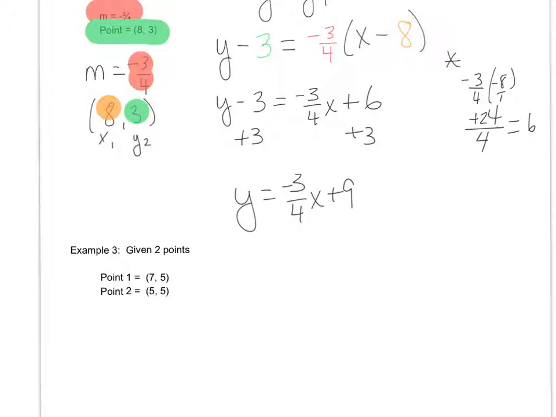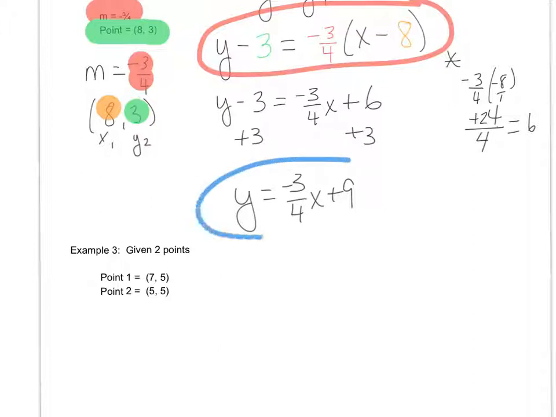So I've got two different equations here. I've got my point-slope form up here, and then I've turned that into my slope-intercept form. Again, those are those different levels when we're grading your exams here, going from point-slope form, turning it into slope-intercept form.